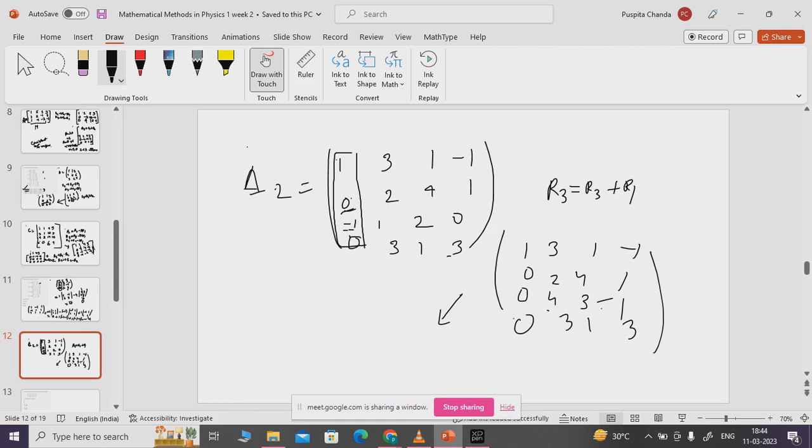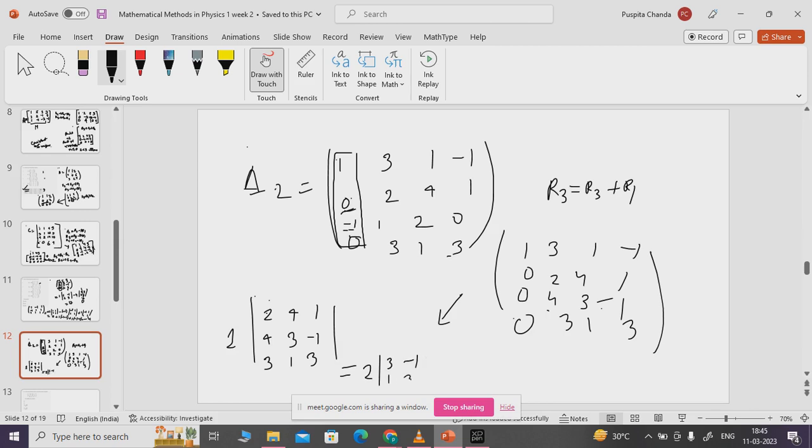So the determinant will be only 1 into the determinant 2 4 1, 4 3 minus 1, 3 1 3. Now you can expand that.